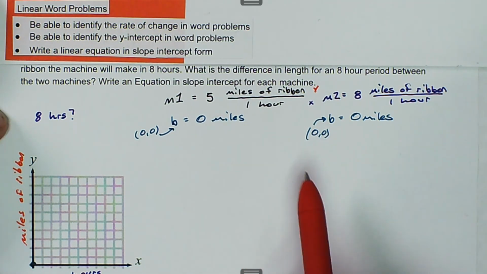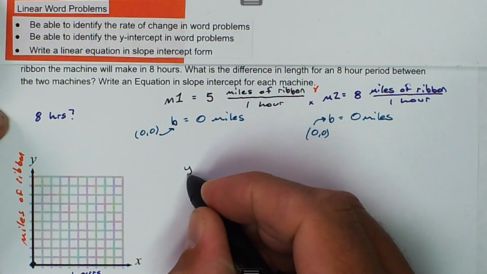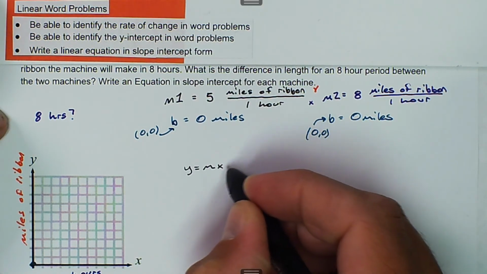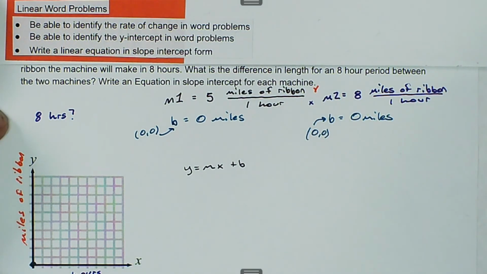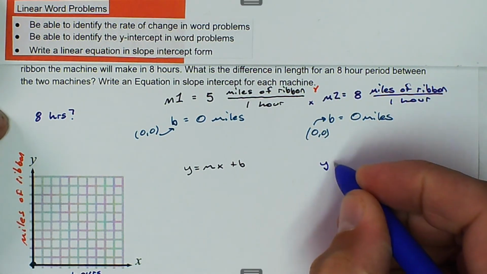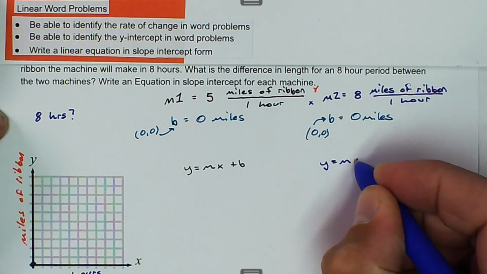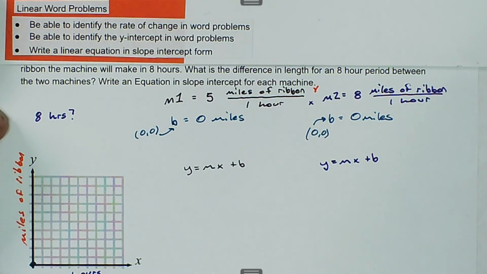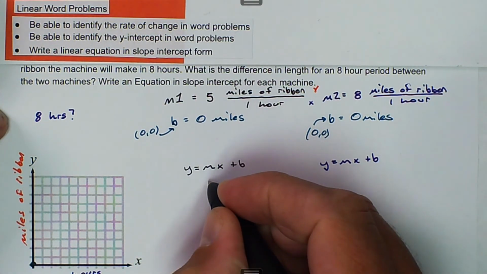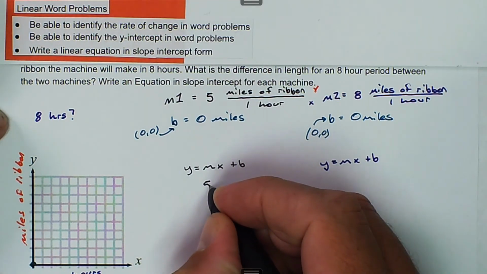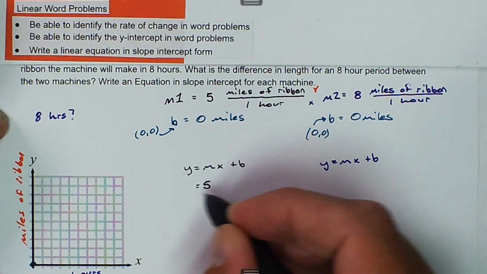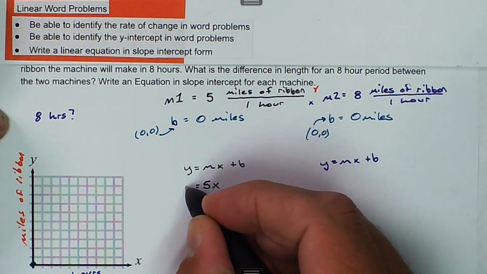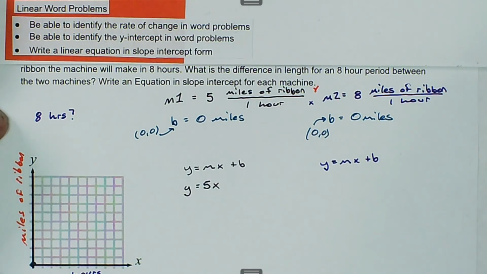So now we have our equation. If we have y equals mx plus b, we can substitute the values in that we know. So for M1 here, we have a slope of 5. When we're writing the equation, the x and the y are always variables.